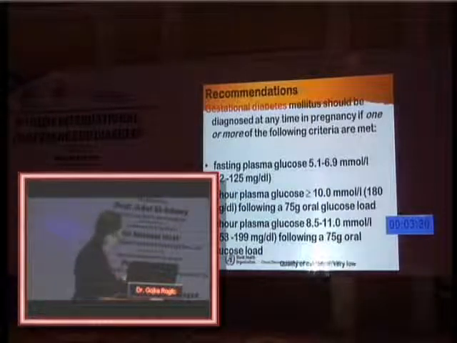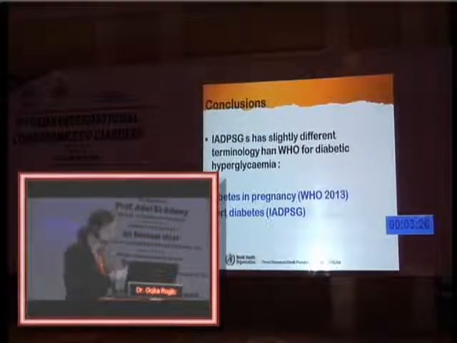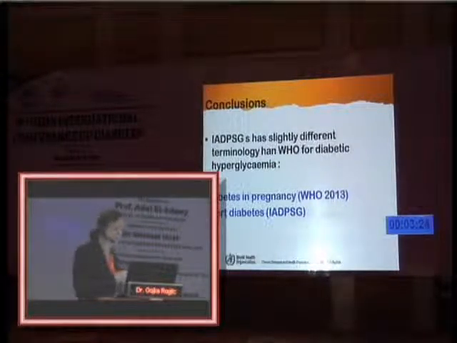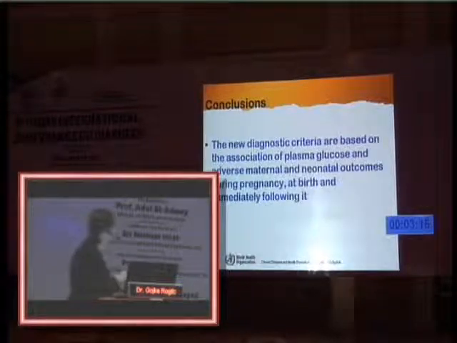Between IADPSG and WHO, there is a slight difference in terminology. The WHO calls it diabetes in pregnancy, and IADPSG calls it overt diabetes.